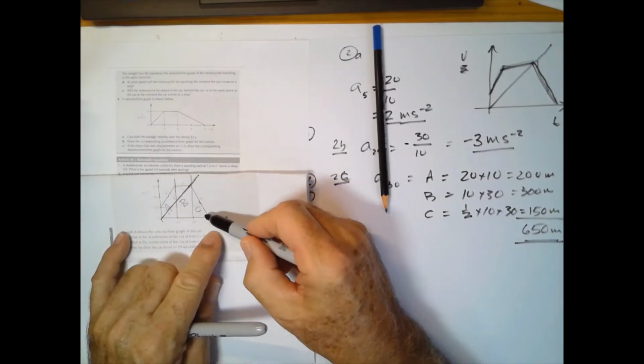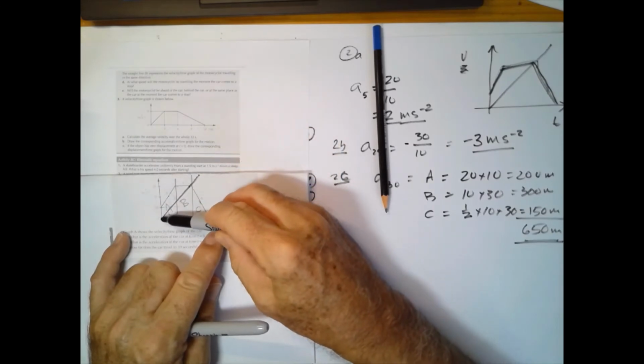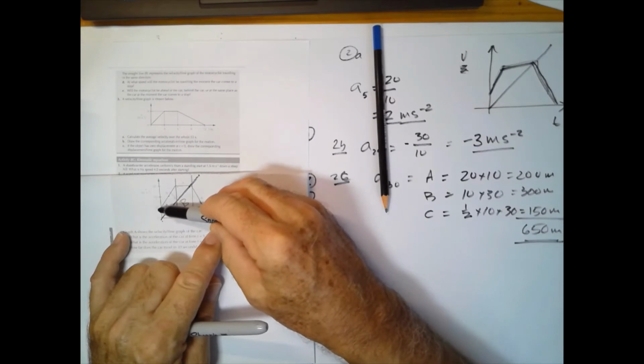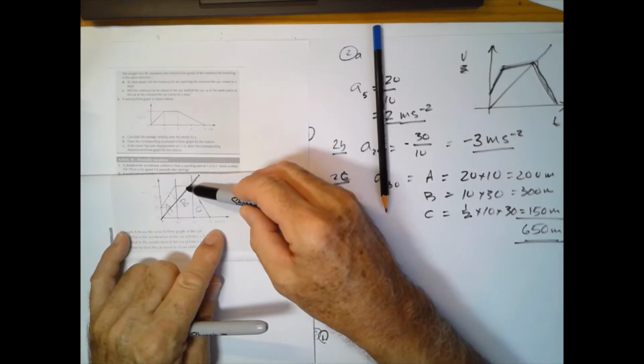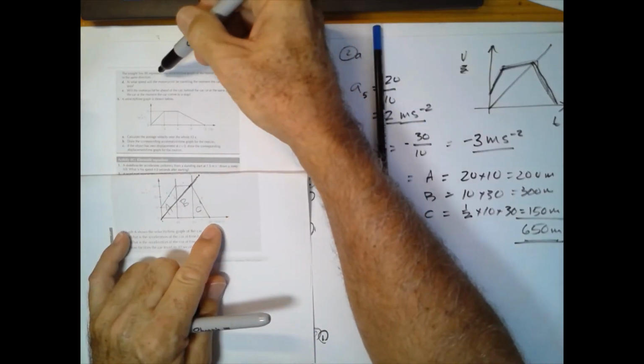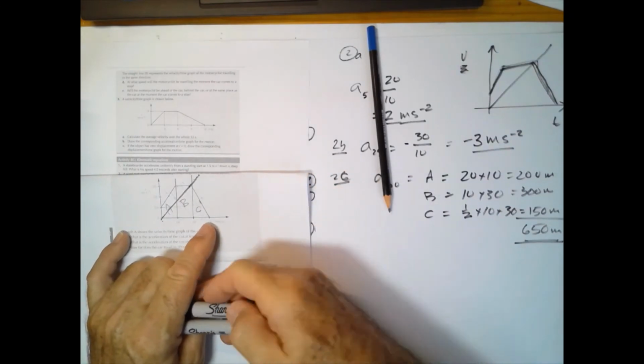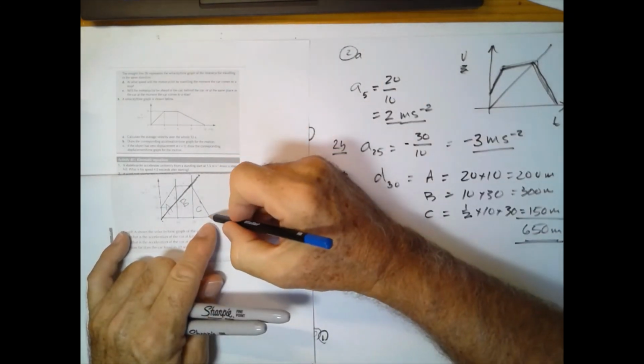At what point is the car travelling at 0 velocity again? The velocity started at 10, travels along here and ends up 0 here. The car comes to a stop at this point here.